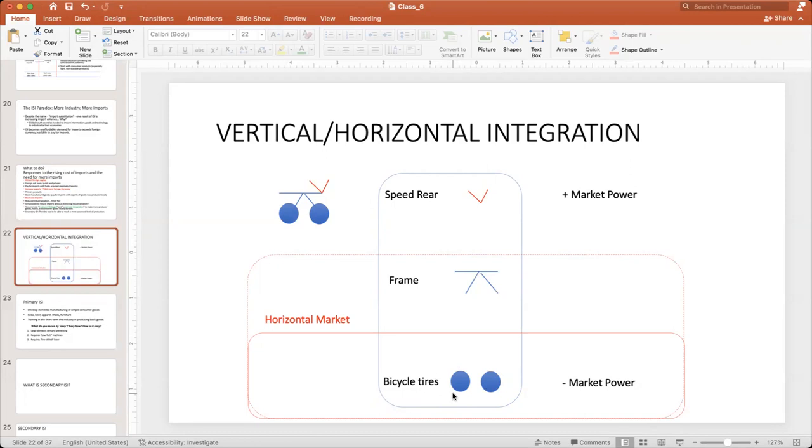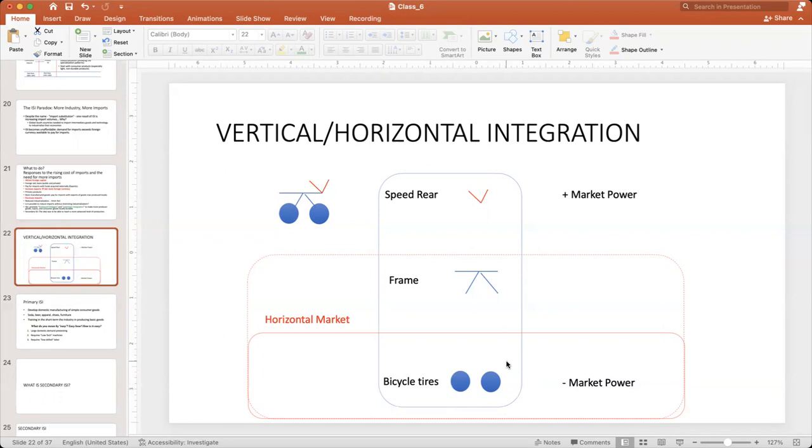So the skill and the technology required to produce the tires could be extrapolated to produce other similar products, such as, I don't know, car tires or products from plastic and so on and so forth. So we are not only closing the market to produce bicycle tires, but we are at this moment able to produce similar products. So we are closing the whole segment at the bottom level.